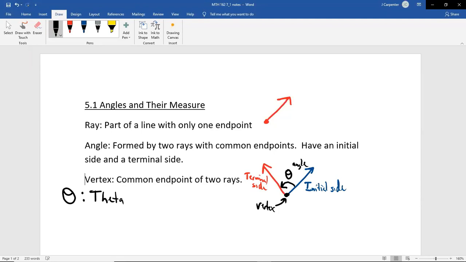Think of it as our brand new x. So we like to use x in algebra senses. We tend to like to use thetas for angles, for a lot of trigonometric senses. And again, the terminal side doesn't have to be on the left and the initial on the right. They can flip-flop. It's just a matter of whether it's a positive or negative angle, as we'll discuss later.